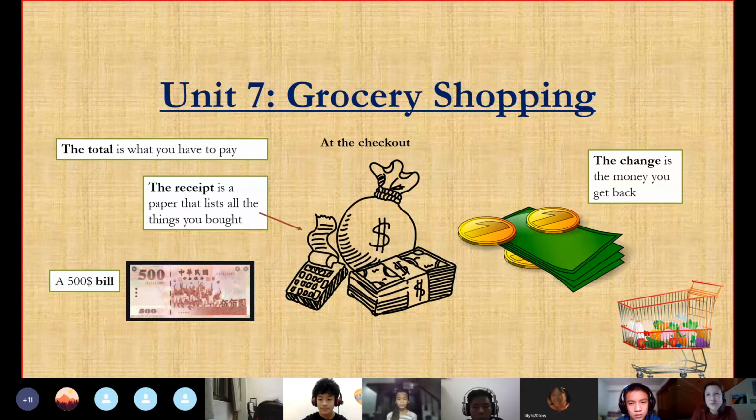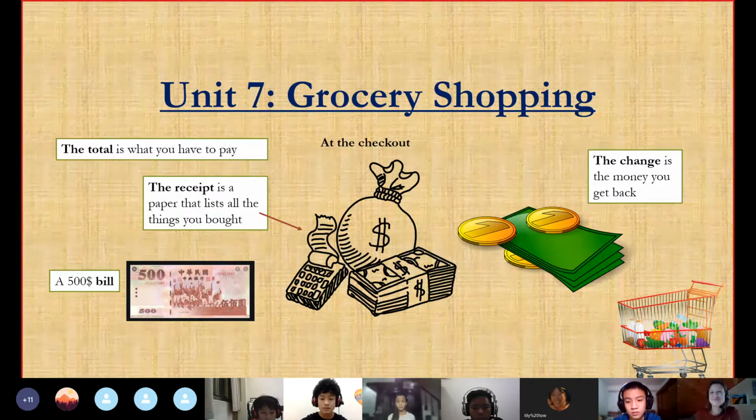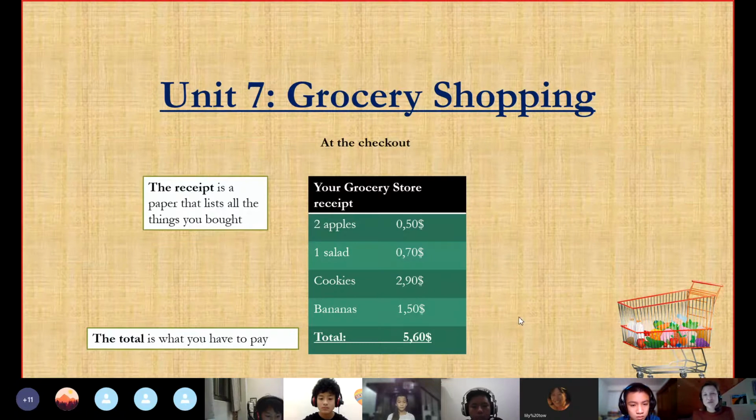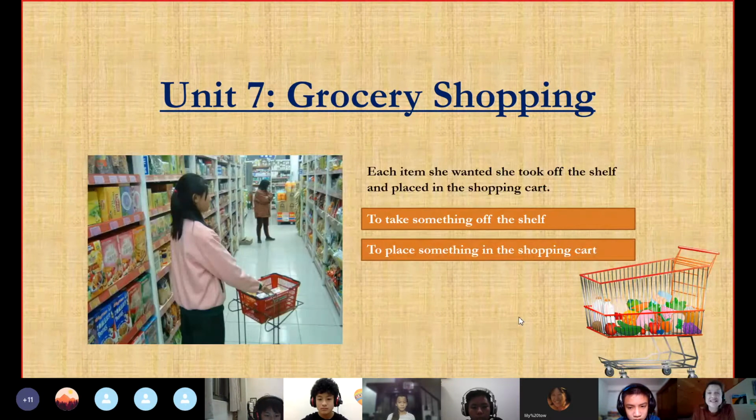So if you pay at the counter at the checkout and you pay too much, then the change is what you get back. Okay, very good. So we already know these words. So I will move on. So let's look at maybe some new ones, okay?